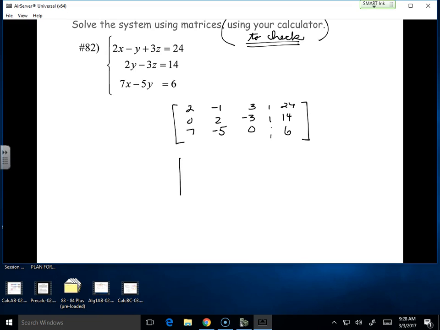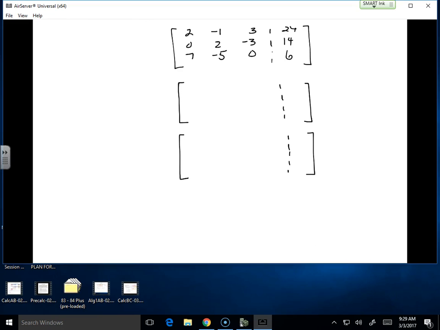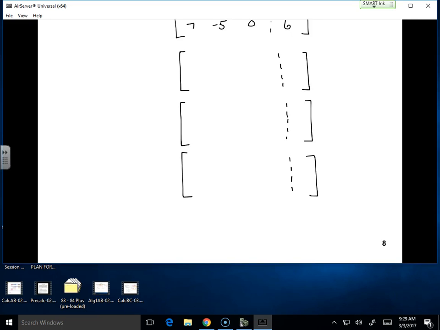If you want to set up like I did, we're going to have to establish our 1 first. Then we're going to have to get zeros. That will get us column 1. We're going to have to establish our 1 for column 2, then get zeros for column 2.